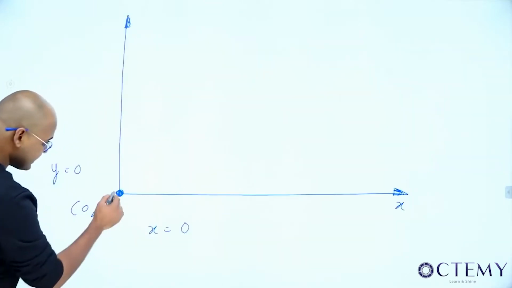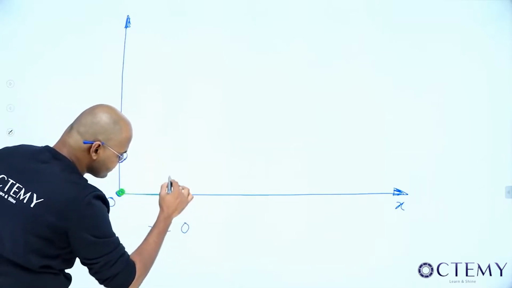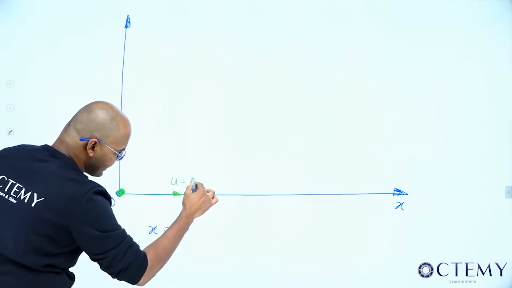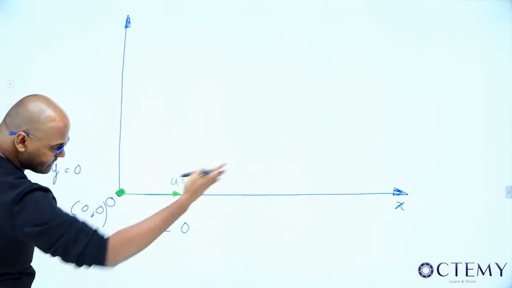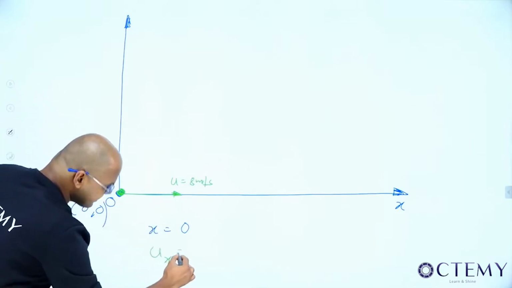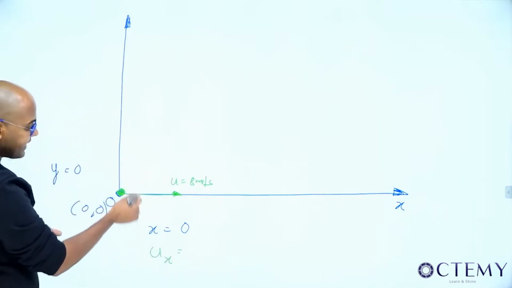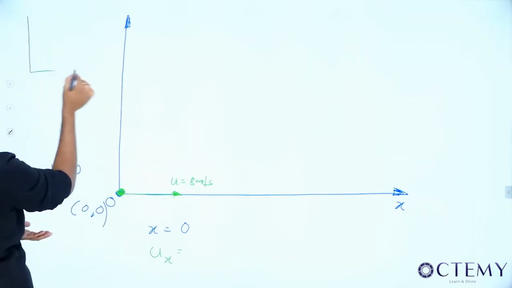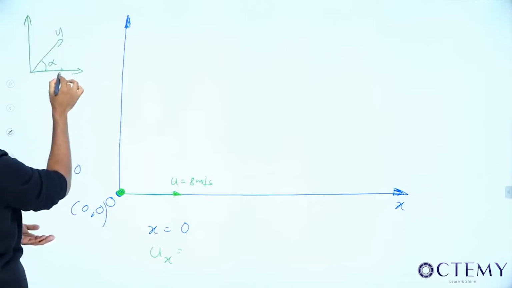Now, see, initial velocity is in this direction, u equal to 8 meter per second, making an angle 0 degrees because it is along the x-axis. Now, what will be the velocity in x direction? If suppose it is making some angle alpha, then what will be this component?